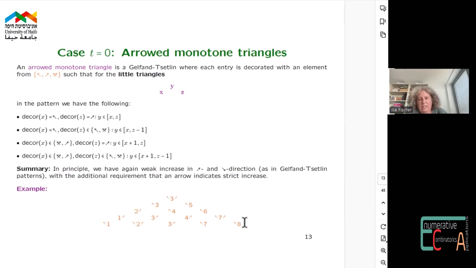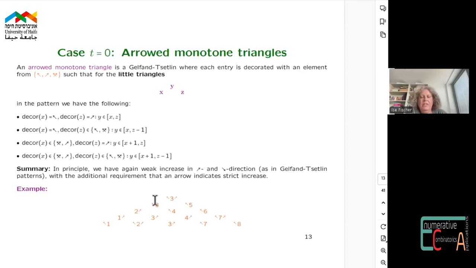So you have a Gelfand-Tsetlin pattern again. Again, you have weak increase in the northeast and in the southeast direction, but there are certain decorations. Every entry of this Gelfand-Tsetlin pattern is decorated with some arrows.